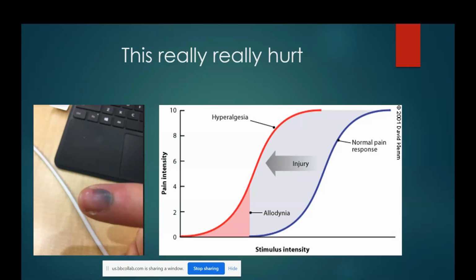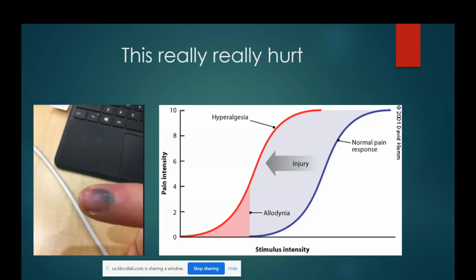So this was not fun. If you have ever hurt yourself, like in this case, I took a nice picture of this after I accidentally slammed my fingers into two weights. That hurt really, really bad. And now when you hurt yourself, a stimulus that normally did not cause pain will now cause pain.